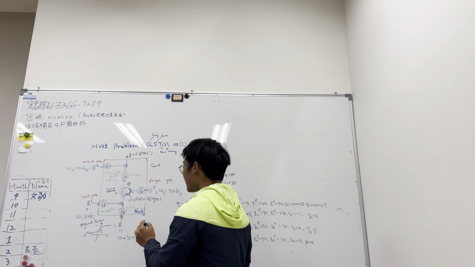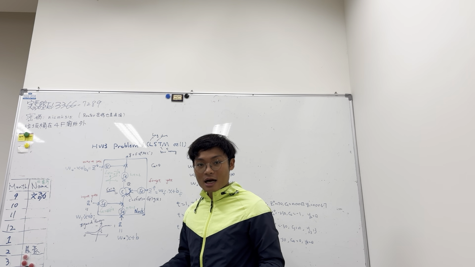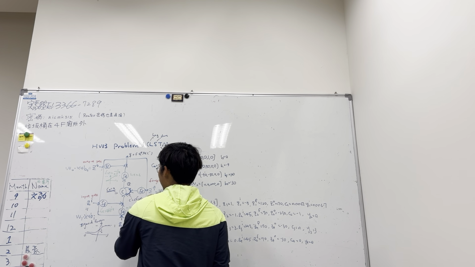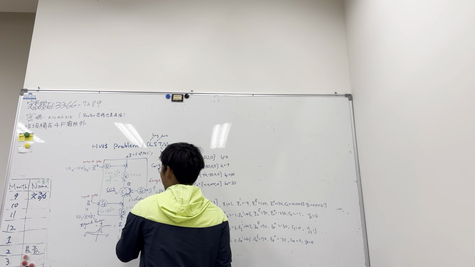So we have introduced the usage of the sigmoid function. If ZF is really big, like 100, we let the previous memory stay in the memory at this time.